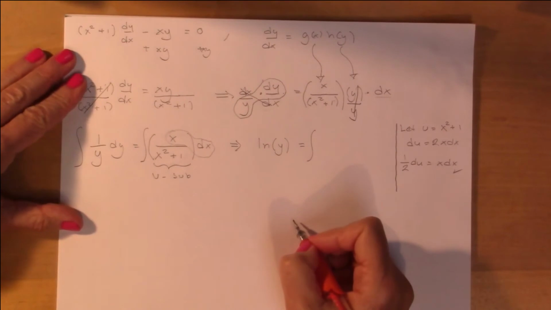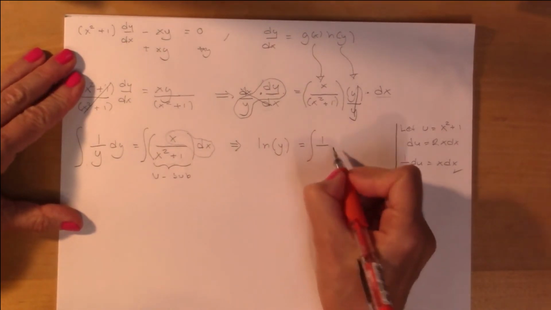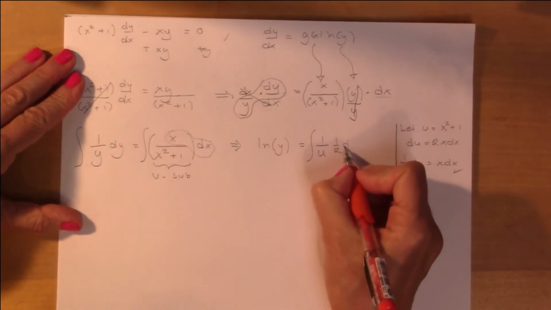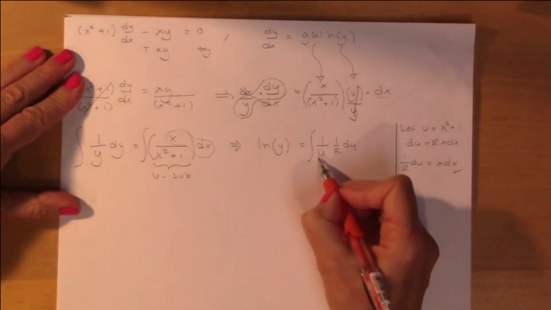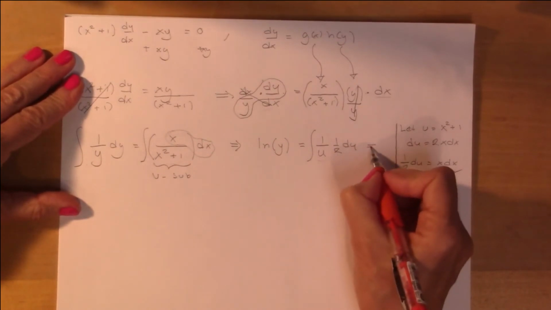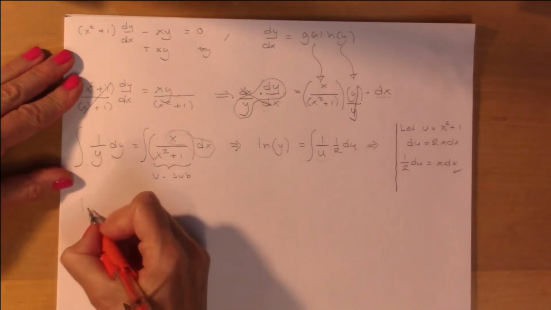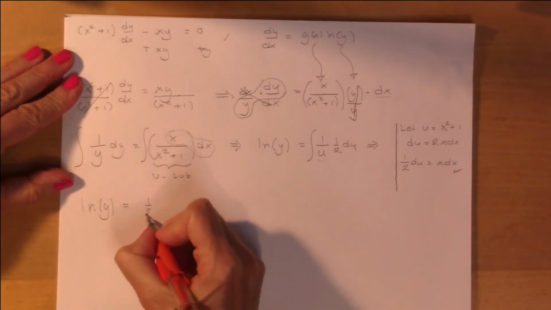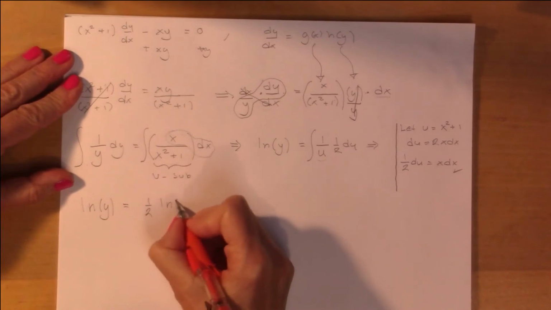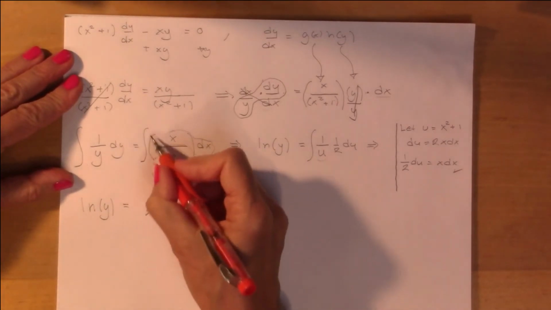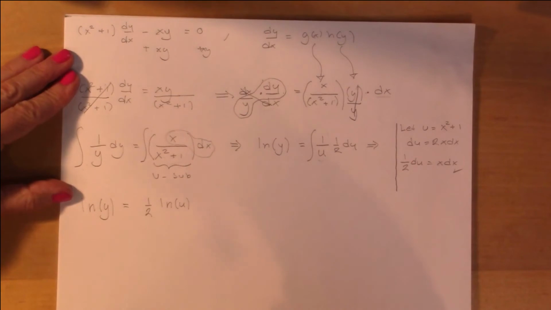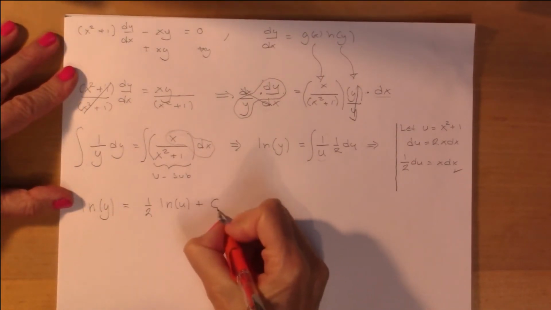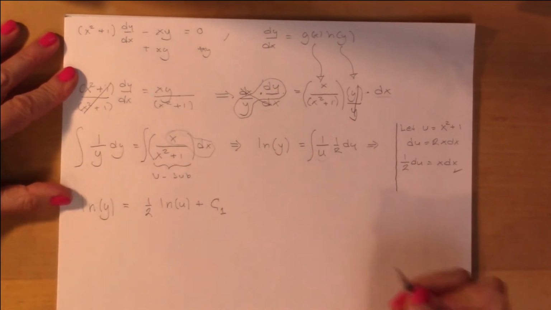So then this becomes 1 over u times 1/2 du. This integrates also to a logarithm. So what we have now is ln of y equals 1/2 ln of u. Since there's no limits on the integral, we have to add a constant, and I will call that constant C1.